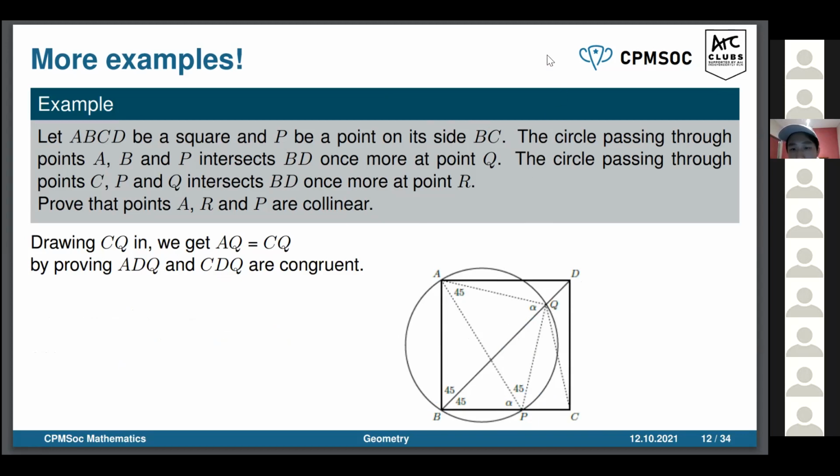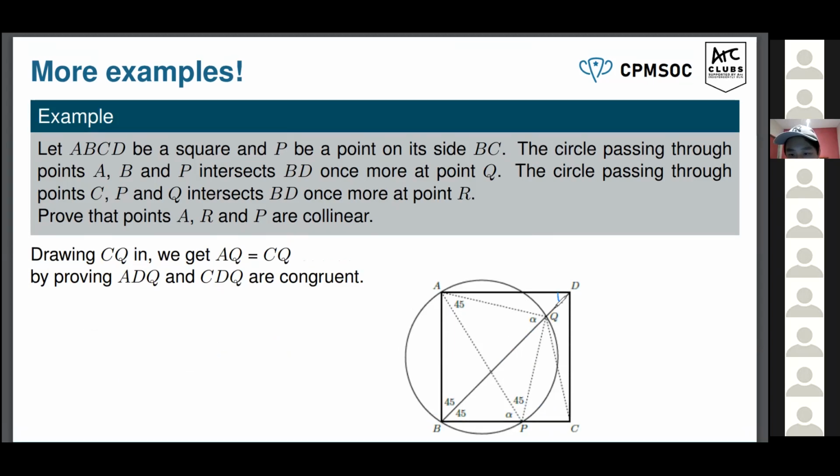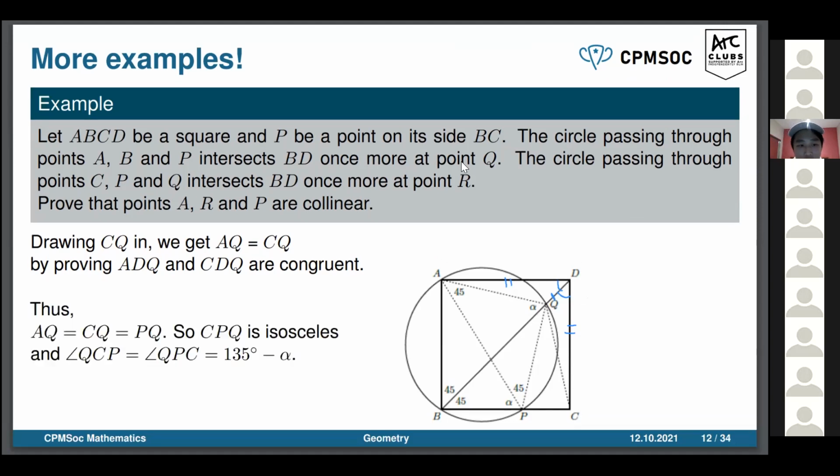And then angle ADQ and angle QDC, these two angles are the same. This is a common side. These two sides are the same. We can prove that ADQ and CDQ are congruent. So AQ is equal to CQ.